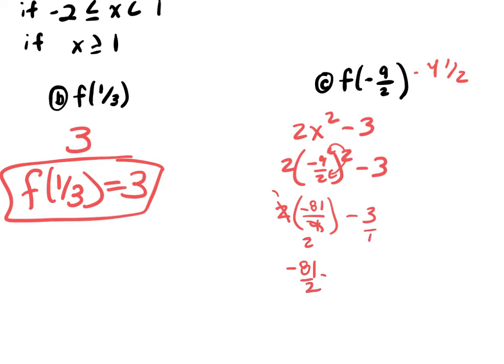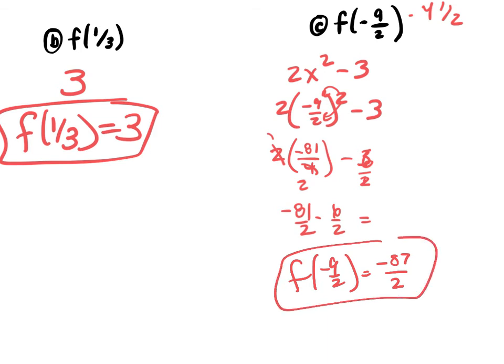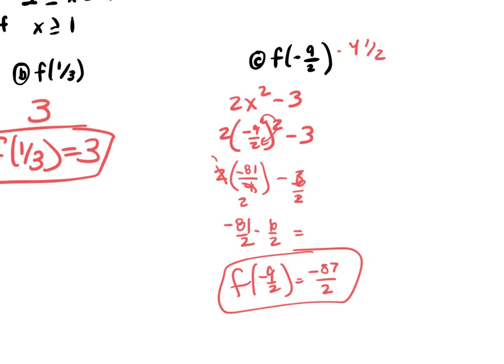Change 3/1 into halves. If I times the bottom by 2, then I times the top by 2, so I get negative 6/2. So when I plug in negative 9/2, I get out negative 87/2. Fractions, not a big deal. Got to be able to handle that.